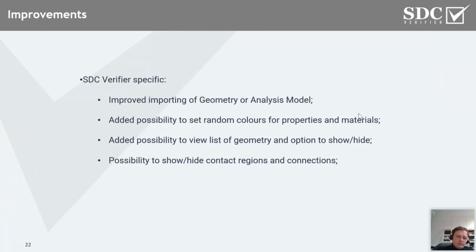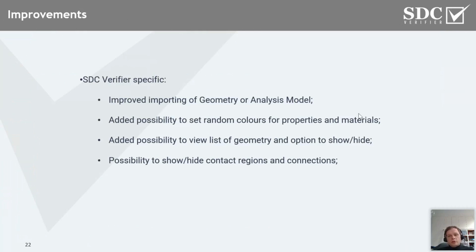So geometries, materials, properties are now subject to convenient options to either select or deselect something to be shown or hidden, to ease the modeling, to ease the preview of results, and to ease the operation with your 3D model in the independent graphical interface.